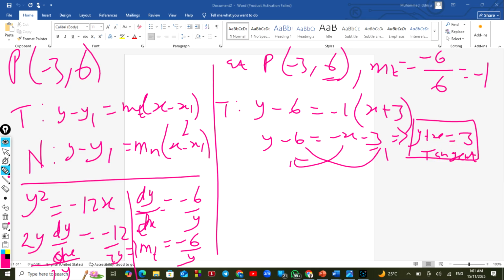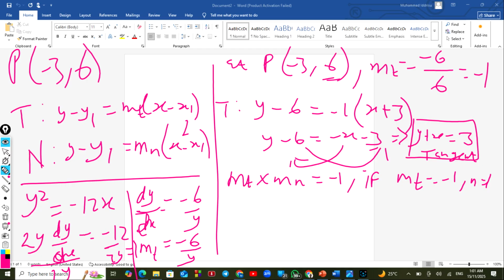Okay, so for the normal we know that mt times mn should be equal to negative 1, because they are perpendicular. The tangent is perpendicular to the normal. So if mt is equal to negative 1, then mn will be equal to 1.